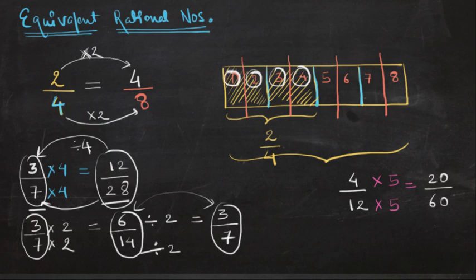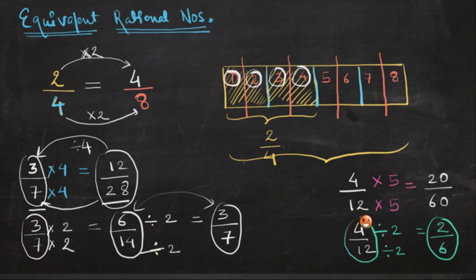What if I divide 4 upon 12, let's say, the numerator with 2 and the denominator with the same value 2? I would get 4 divided by 2 is 2 and 12 divided by 2 is 6. So 2 by 6 and 4 upon 12 are equivalent rational numbers.